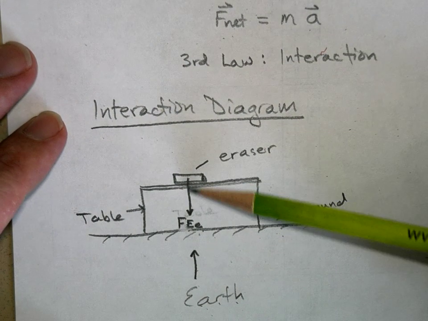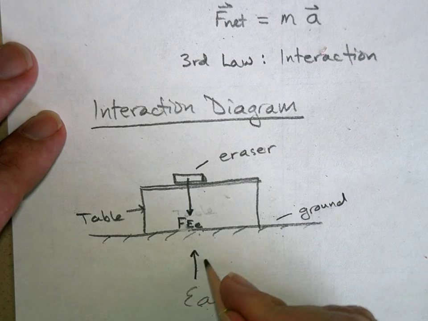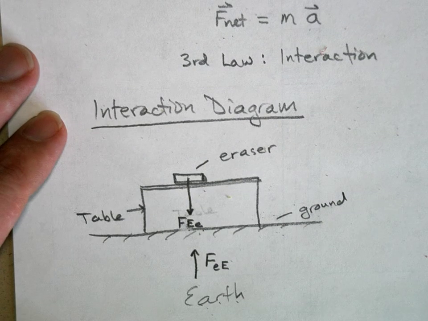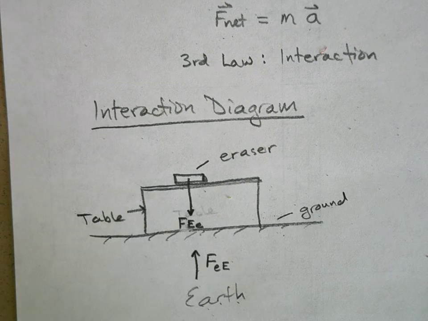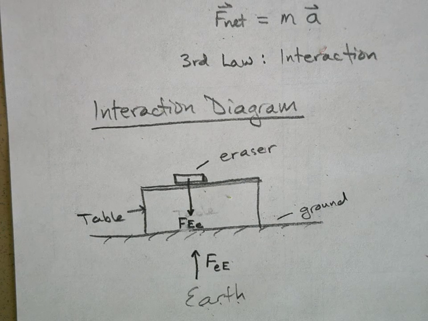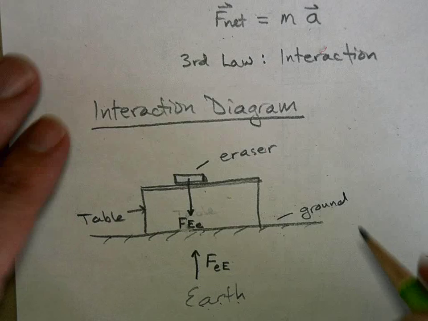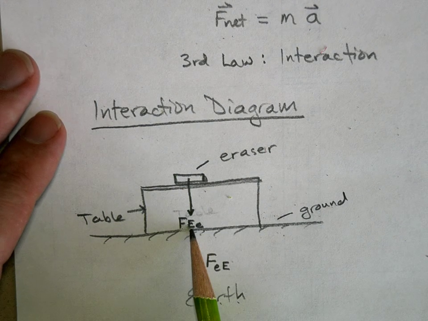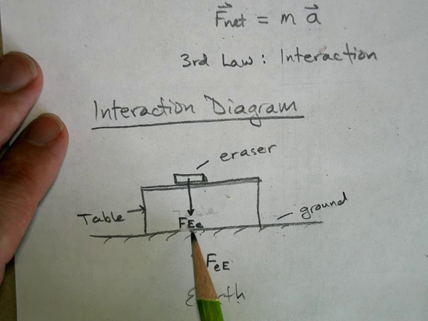The earth pulls down on the eraser. Now watch how I do this. This is the force of the eraser on the earth. See how I just reversed the subscripts? So this right here, the earth, is called the agent.